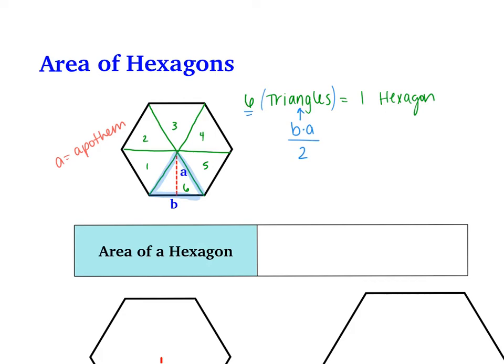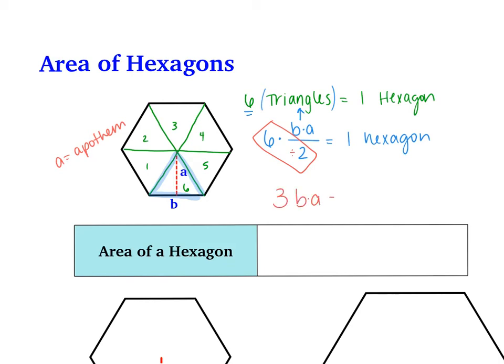But I said that I have 6 of them. So 6 times what one triangle would be would give me the whole hexagon. Now, you might notice that I could do something with these two. 6 divided by 2 would give me 3.